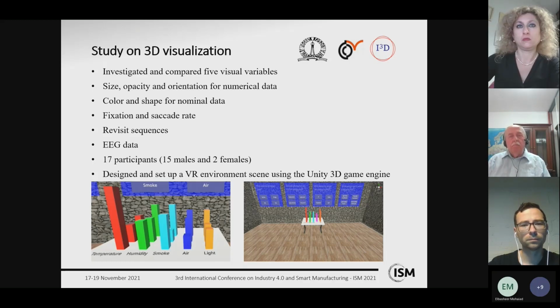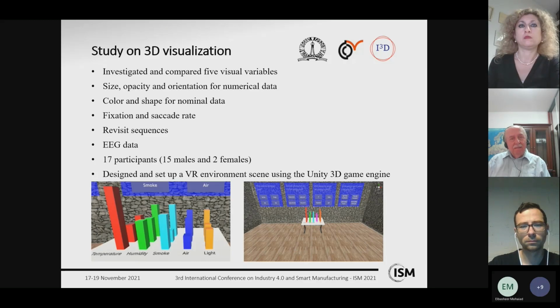I analyzed fixation and saccade rates and revisit sequences. The revisit sequence provides information about how many times a participant scanned through a sequence of graphical objects. You can see in the picture on the left, the numerical values are represented by the size or the length of the bar.